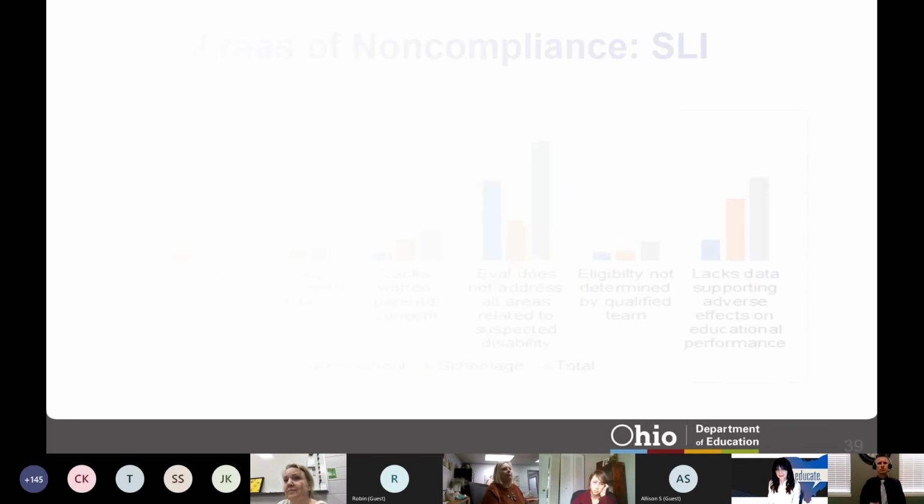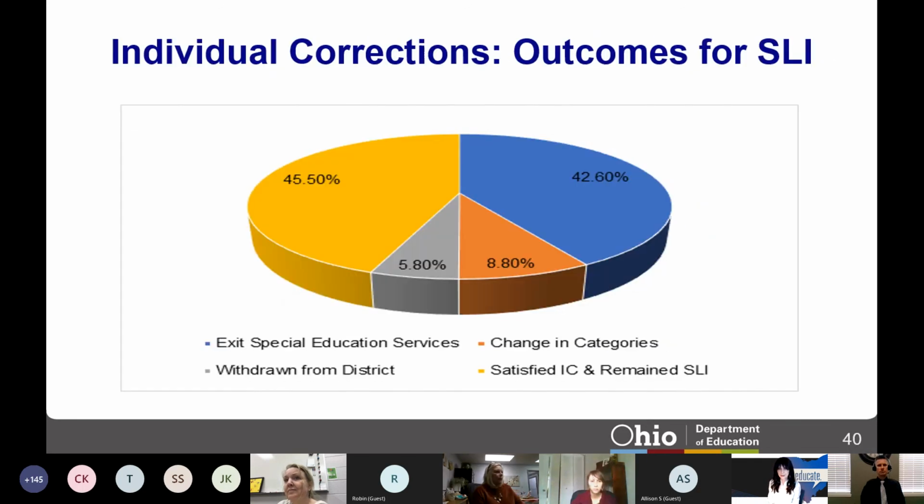Next slide. So what happened when you have non-compliant ETRs and you're being monitored? You have to redo them. And oh my goodness, nobody has time for that, but they had to redo them. And what they found when they redid these non-compliant evaluations, if you look at the little graph here, is that 45.5% of them remained speech language impaired.